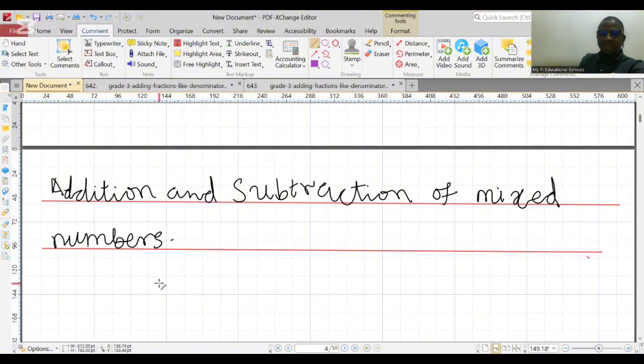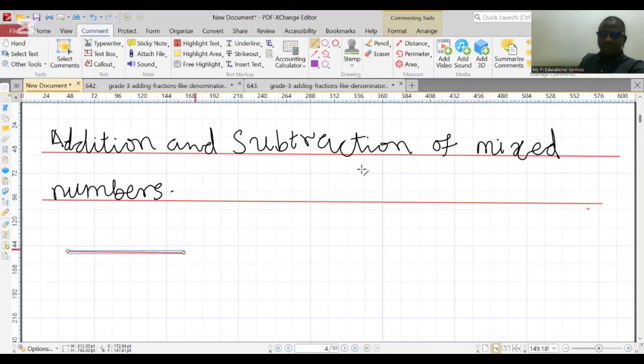At the end of the lesson, you should be able to add and subtract mixed numbers.